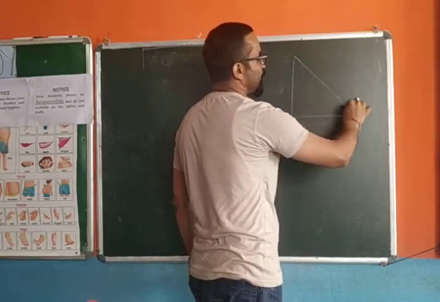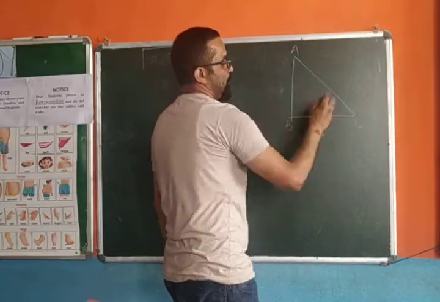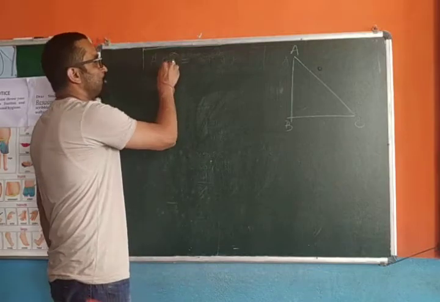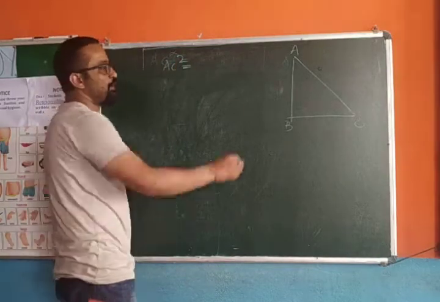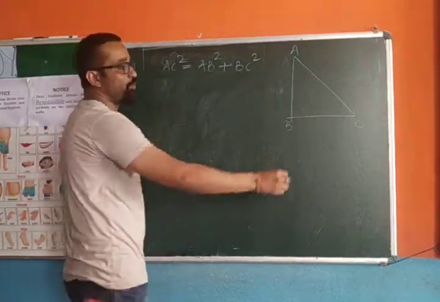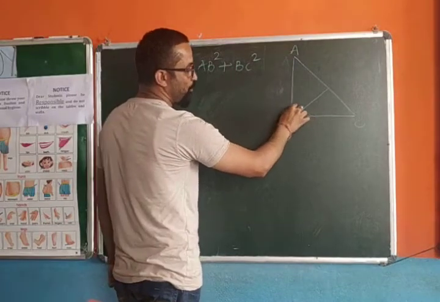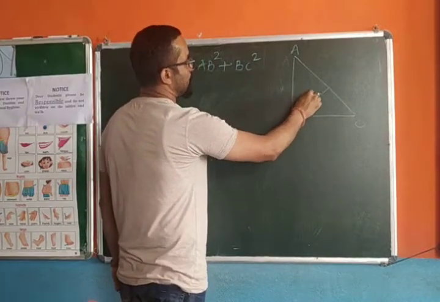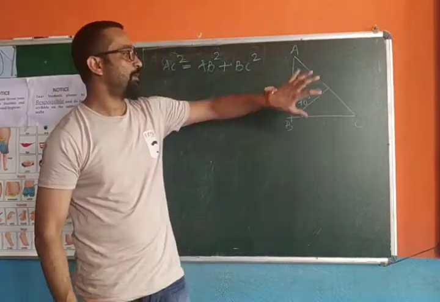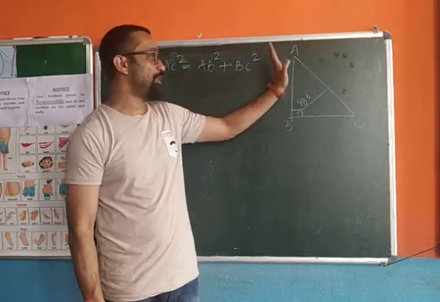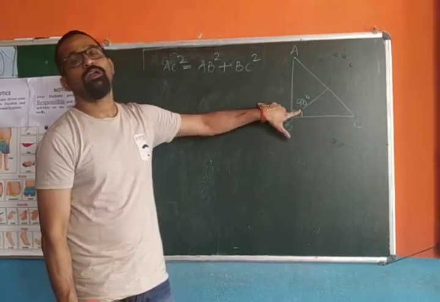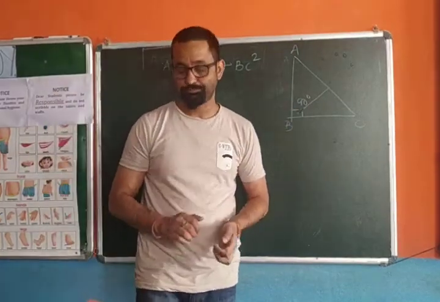The converse tells you that if the square of the hypotenuse is equal to the sum of the squares of the other sides, then the angle opposite to the hypotenuse is always a right angle.